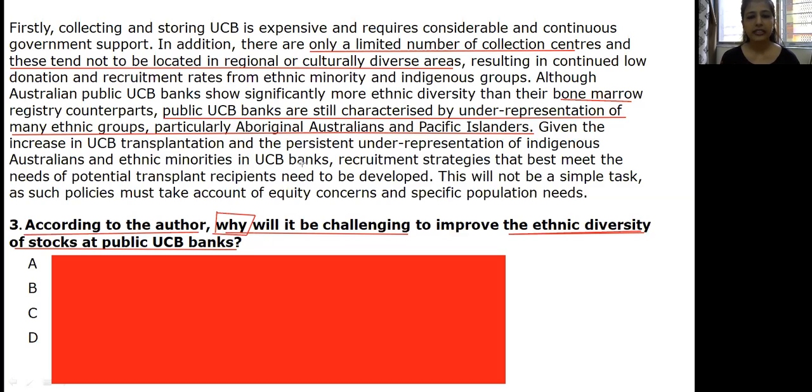Now, the second argument the writer makes here is, given the increase in UCB transplant and the persistent underrepresentation of indigenous minorities, recruitment strategies that best meet the need of potential transplant recipients need to be developed. So considering that we are going to see an increase in the transplant, but at the same time there is underrepresentation of ethnic minorities, we need to develop recruitment strategies.